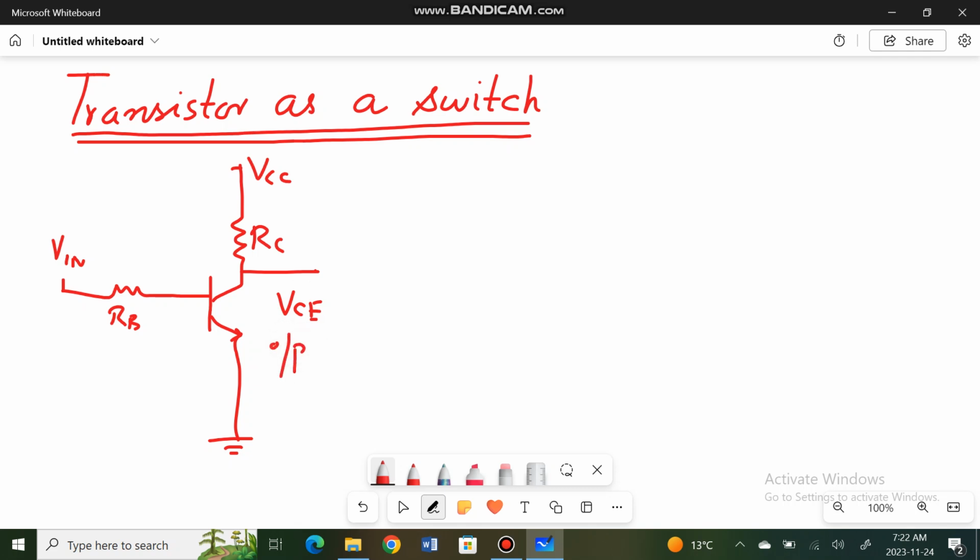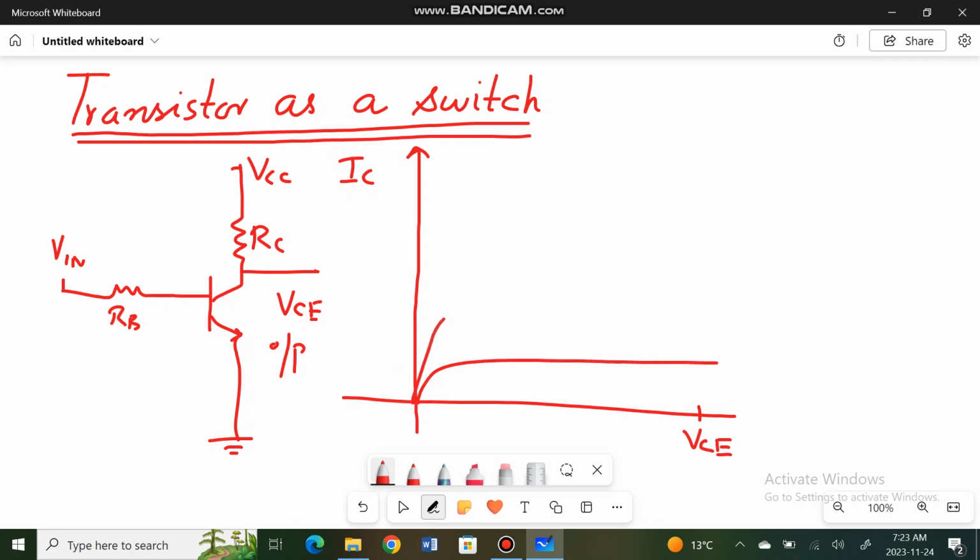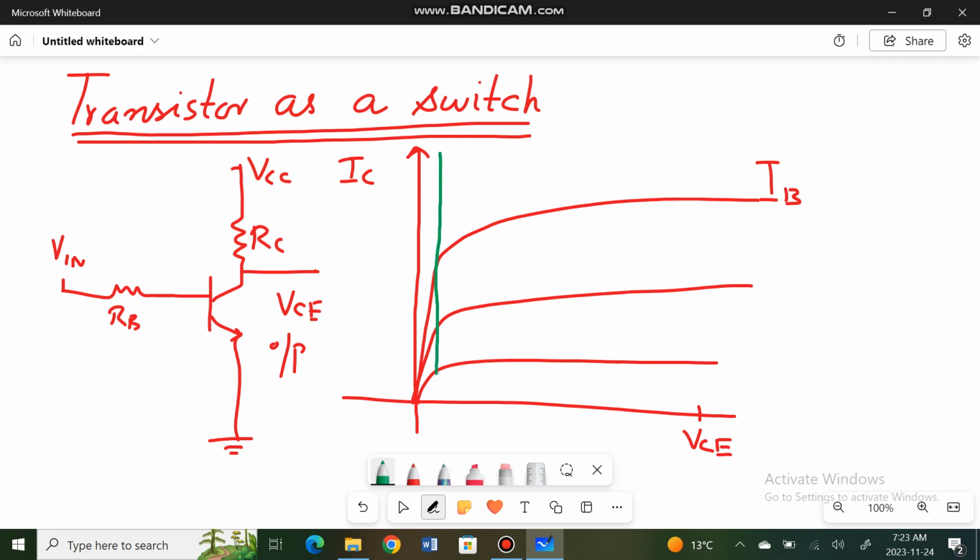Before starting the discussion of how we use the transistor as a switch, let's have a look at the output characteristic curves of the transistor in the common emitter configuration, which is actually the plot between the VCE and the IC for the different values of the input current, which is the base current. On the characteristic curves, we identify three regions of operation.